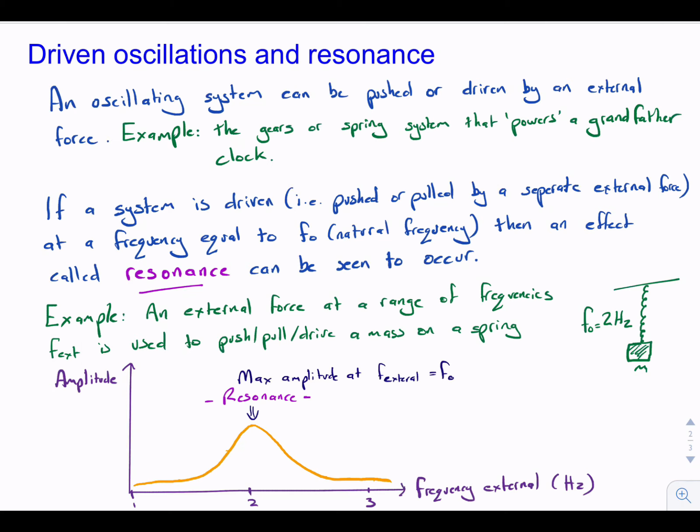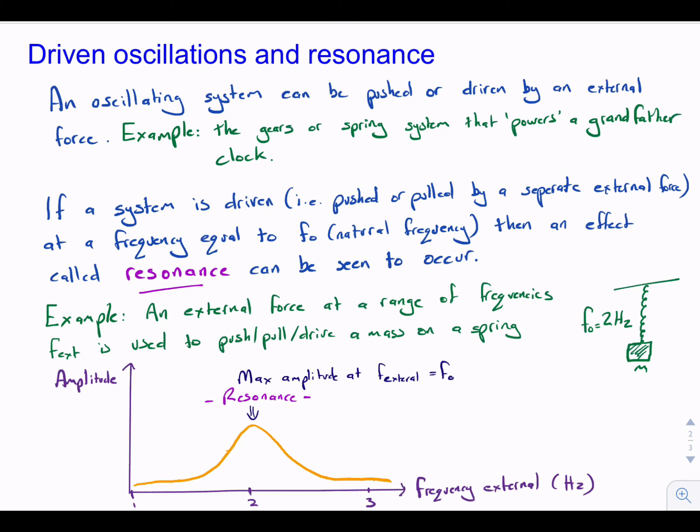At the right and the left edges of this plot, we can see that the driving frequency is substantially different to the oscillator's natural frequency. The system oscillates, but its amplitude is really quite small. The system does not respond well to a driving frequency that differs very much from the natural frequency f0.